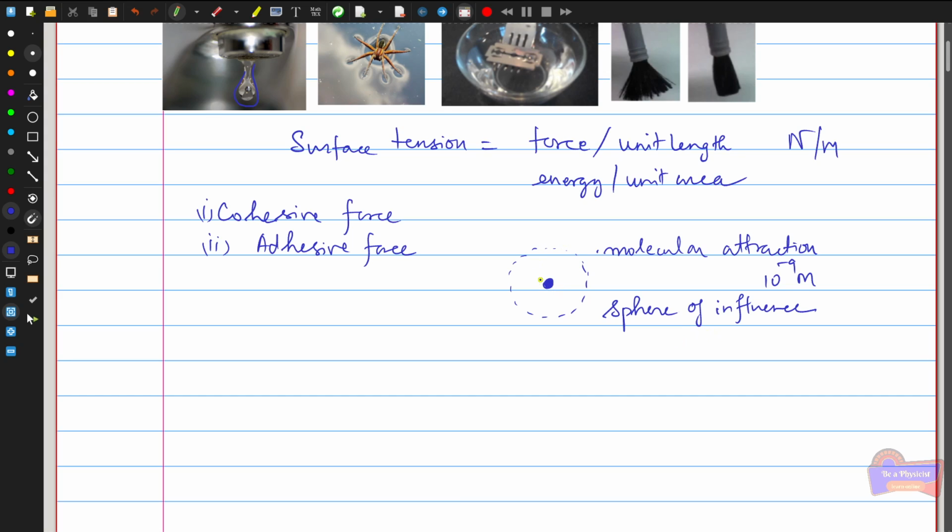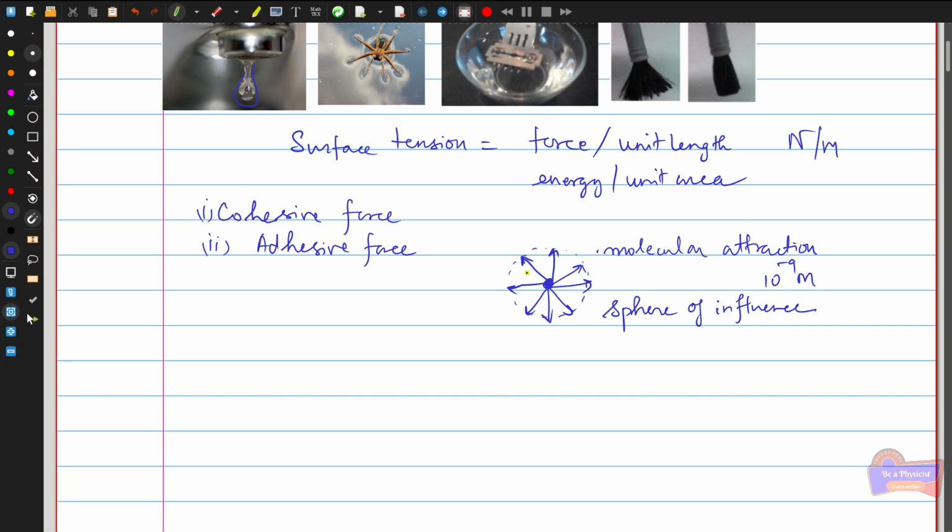If you draw a sphere around this molecule, taking the radius equal to the range of molecular attraction and the center as the center of the molecule, that is the sphere of influence, so the radius is equal in all directions.